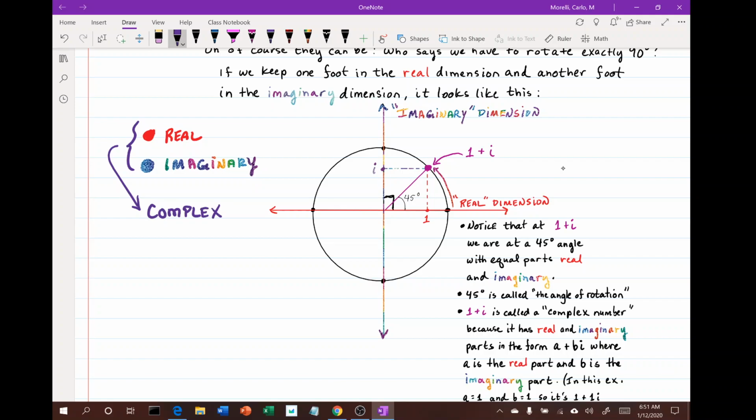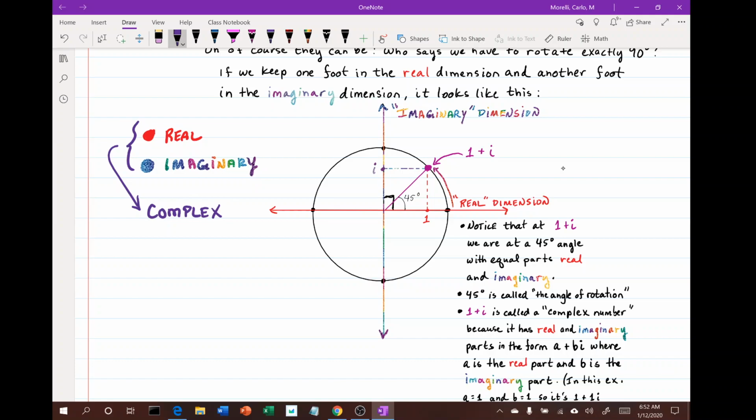All right, so let's see what this is all about. Here, I want to combine together i and 1. So we just add them together: 1 coming from right here plus i coming from right here.